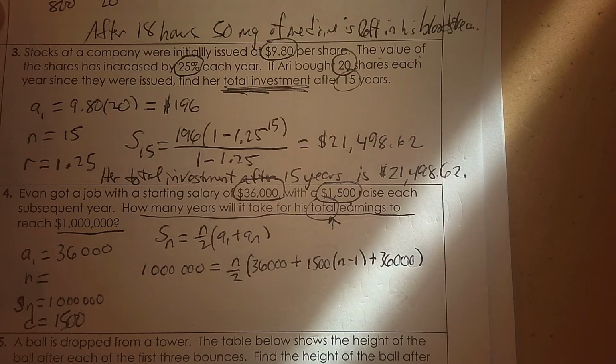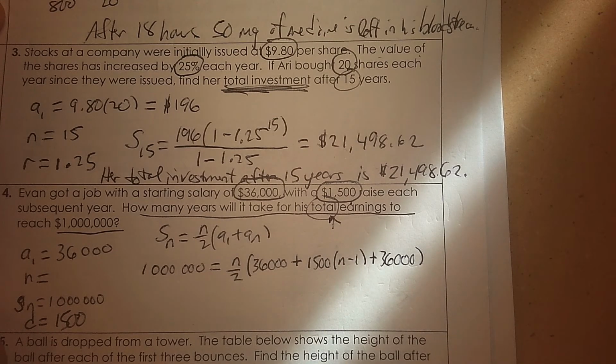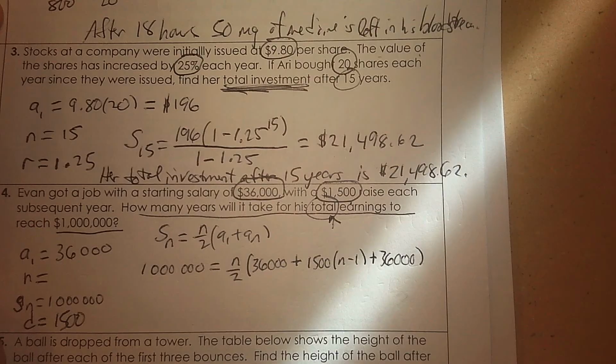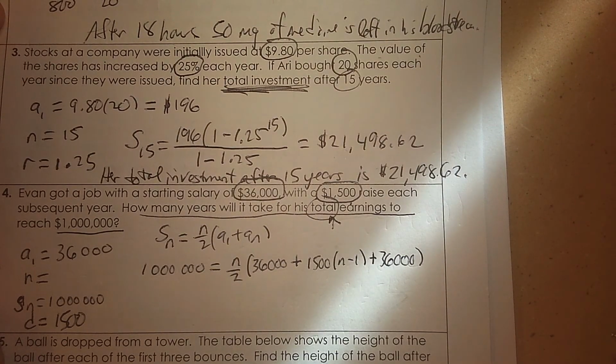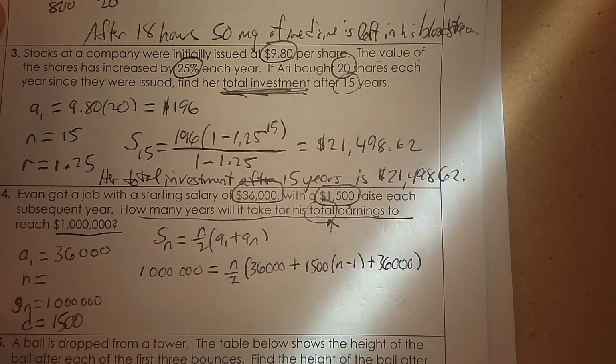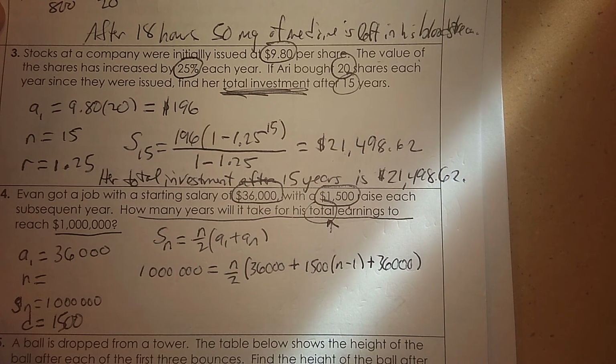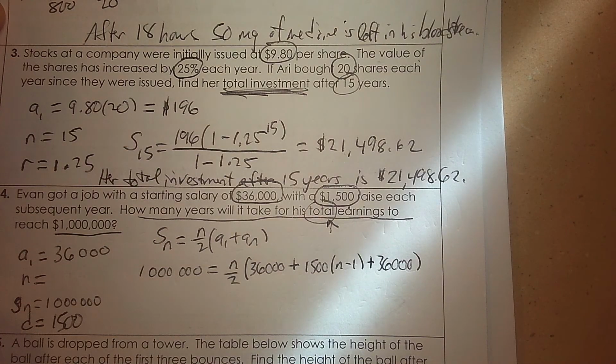Again, I'm going to use x, subtract 1, plus 36,000. And then I'm going to go comma x. Again, you're going to have to go diamond enter. It's not an exact answer.